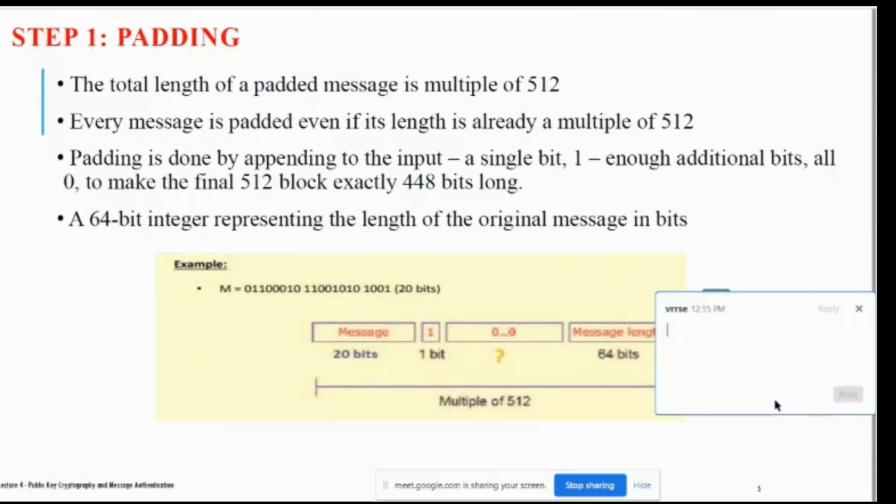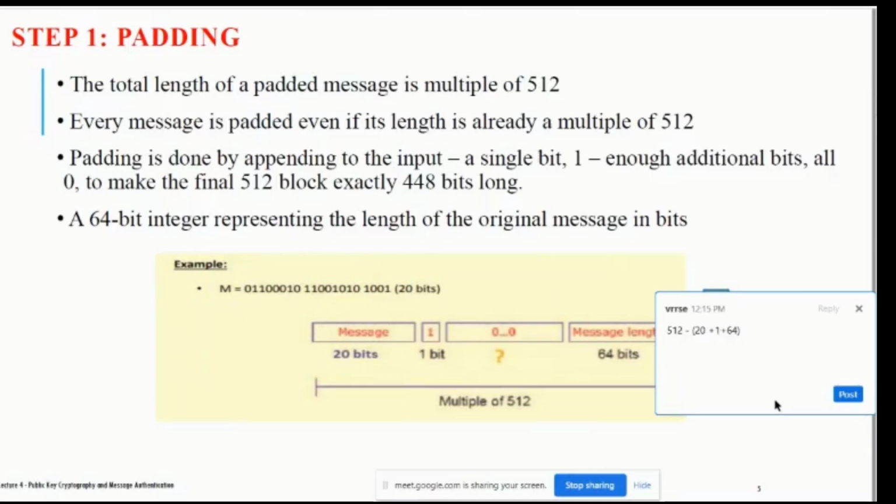In this, you are going to reduce: you have 20 bits of data plus 1 bit that you add. Then the last 64 bits you use to tell the length of this message.